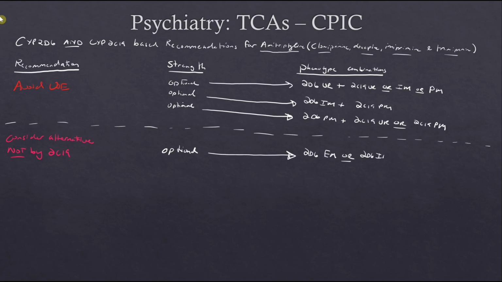So when you are an ultra-rapid metabolizer of 2C19 in combination with either a 2D6 extensive or intermediate metabolizer, they recommend you consider an alternative drug not metabolized by 2C19, and that would be, as you can suspect, because of the increased metabolism causing lower levels of the antidepressant. Therefore, it's probably not the best choice. So that's why they're telling you to find a different drug that isn't metabolized by 2C19. Let's go ahead and take a look at the next recommendation.